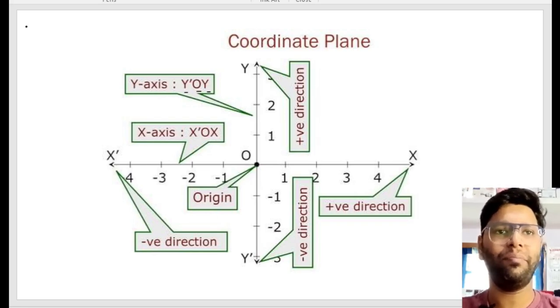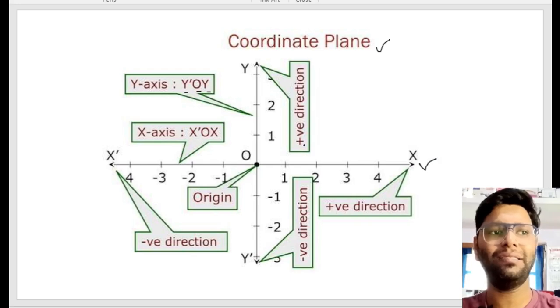Here, if I give a brief idea of how the coordinate plane looks, you can see this diagram. We call the horizontal line the x-axis and the vertical line the y-axis. Now you can see these points taken from the number line: 1, 2, 3, 4. This is the positive direction of the x-axis and this is the negative direction of the x-axis: -1, -2, -3 and -4.